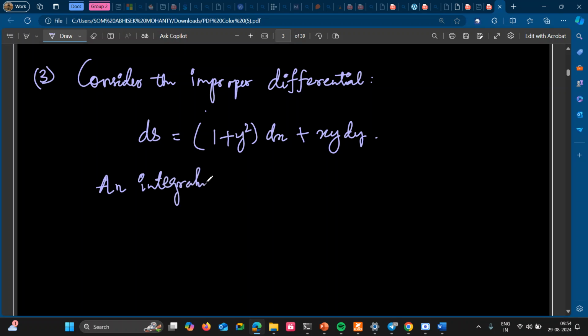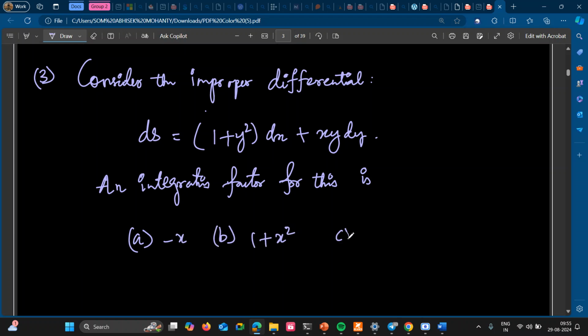An integrating factor for this is what? A is minus x, b is 1 plus x square, c is xy, and d is minus 1 plus y square. Okay, let's try. Consider the improper differential ds is equal to 1 plus y square dx plus xy dy.